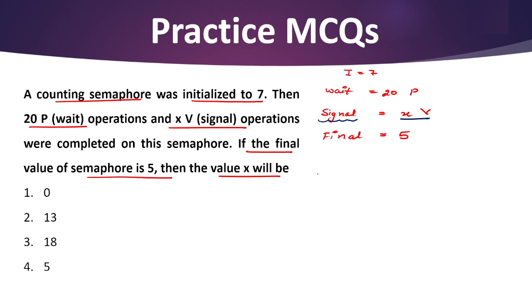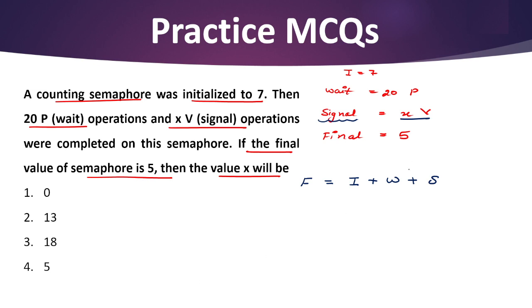To find the value of signal, you have to remember one formula: final value equals initial value plus value of wait plus value of signal. We have to add all these values.